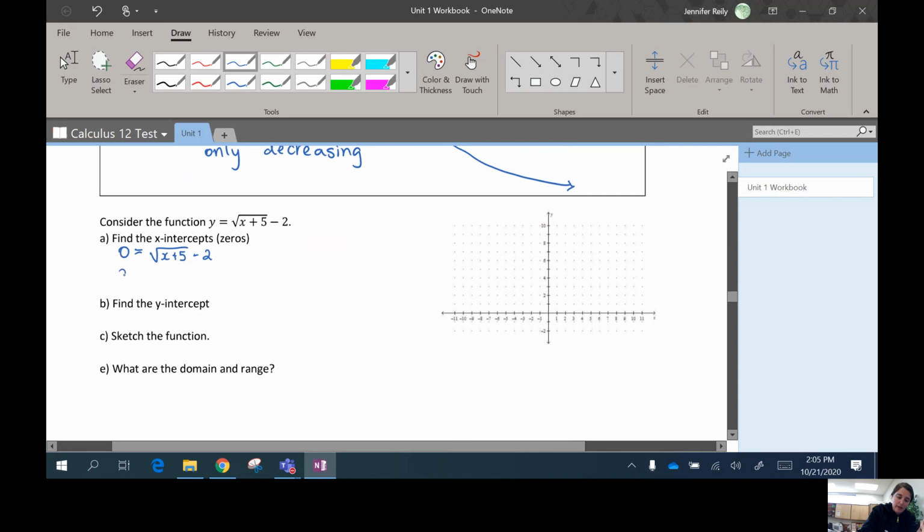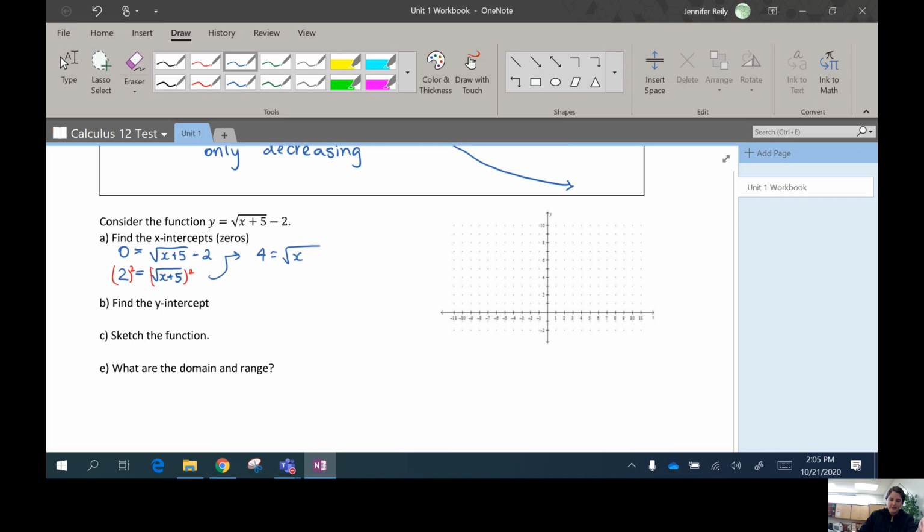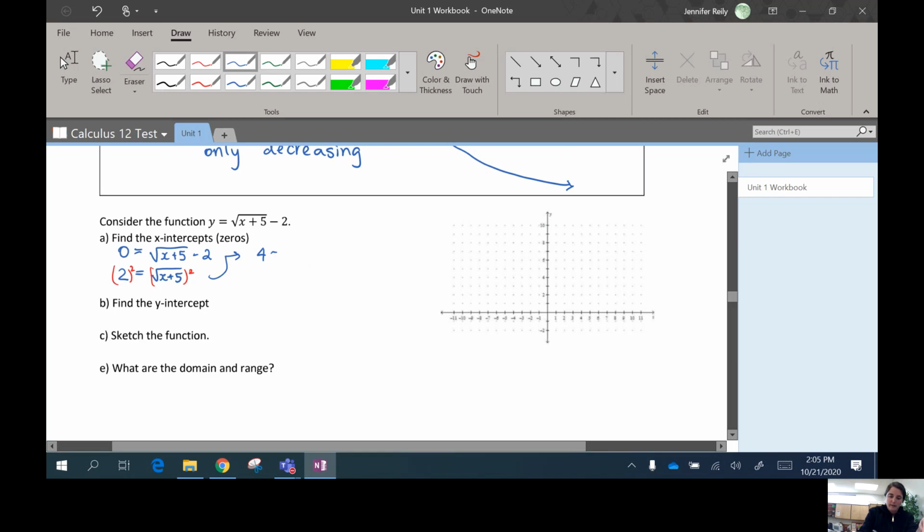So the 2 is going to go on the other side, and then you square both sides. The square root cancels out. Move the 5 over, you get x equals -1. So that is our zero, goes right there.